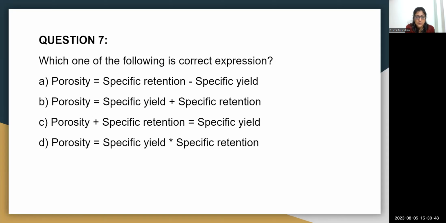Specific yield is the water that flows out, and specific retention is the water that is retained. Porosity is the ratio of the volume of the pores to the entire volume of the soil sample. So how will it be related is something you can think about. Otherwise, we'll go on to the solution and find it out.